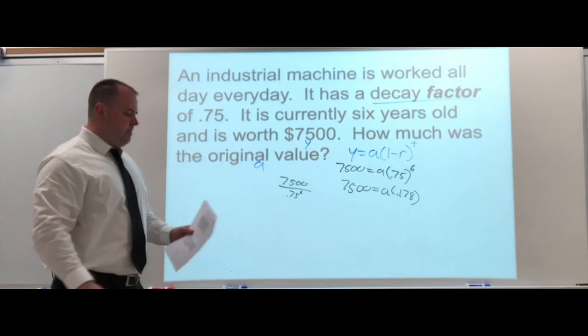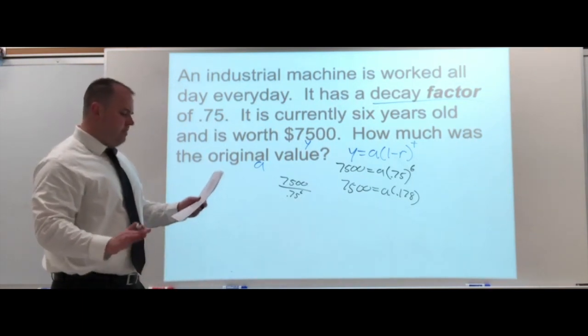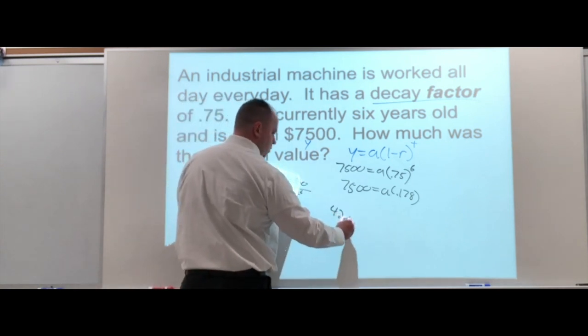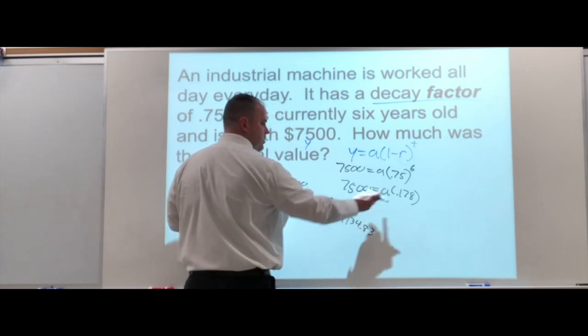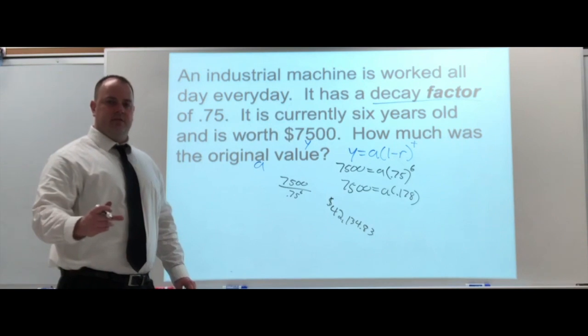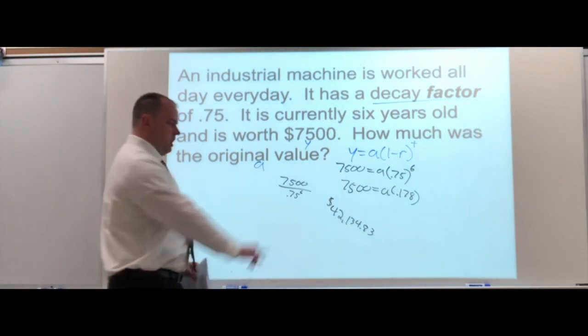Okay, your answer might be a little different, so I am going to give you a little wiggle room on here. Okay, so you should be somewhere around, I have $42,134.83. Now I usually do that work there. Do the 0.75 to the 6th power and then divide by that 0.178. You're more welcome to do it like this.